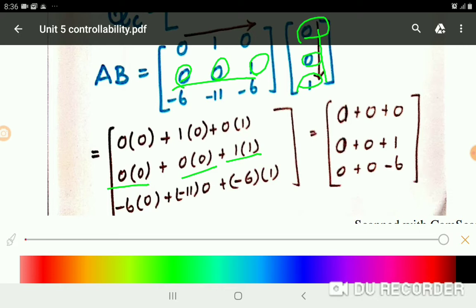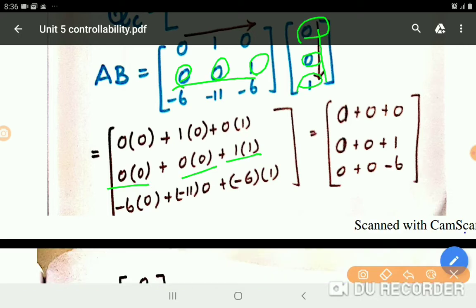Then with this, the third row and again the B column: minus 6 into 0, minus 11 into 0, minus 6 into 1.